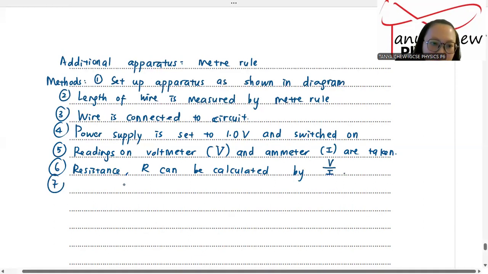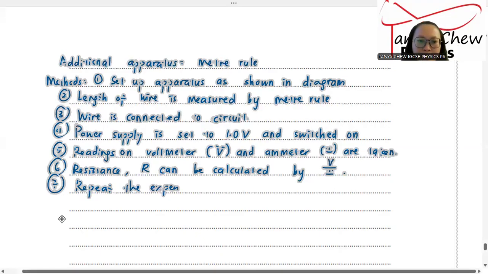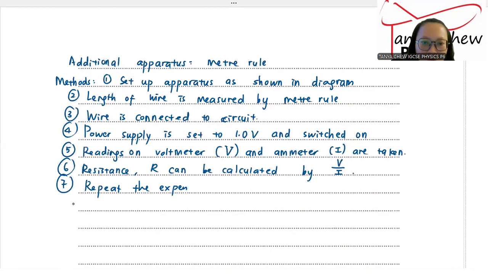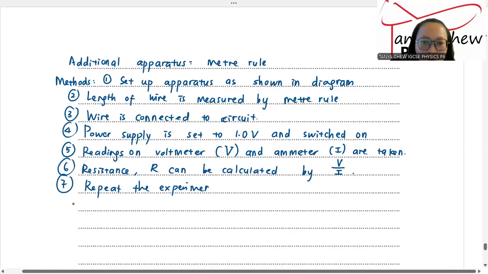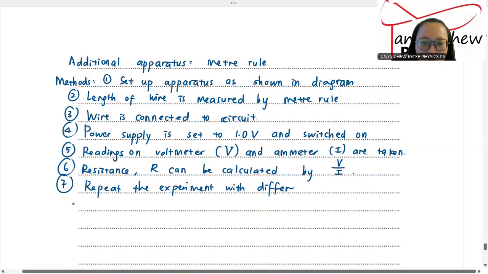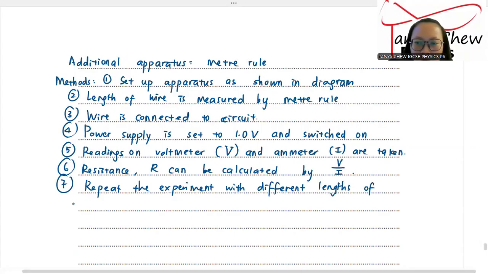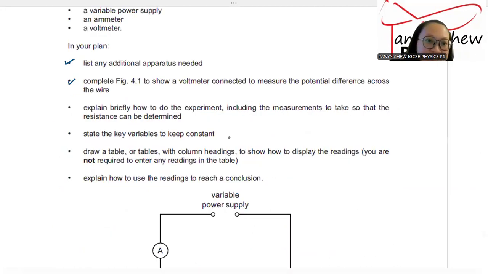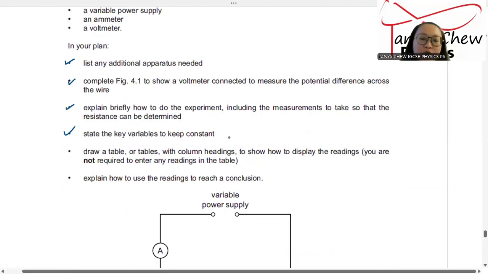And last part of the method, always repeat the experiment. Okay, repeat the experiment with different lengths of wires. Done.